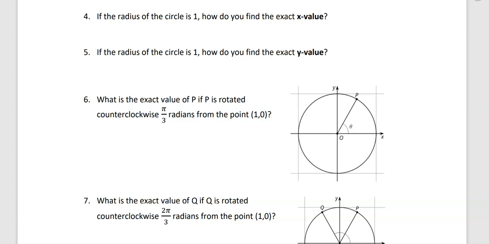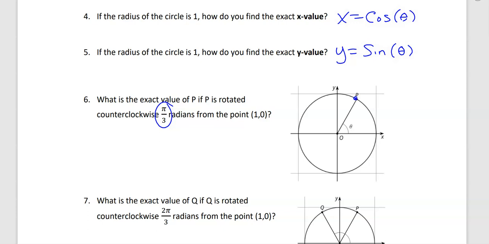All right, so for problem number 4, we've been talking about the fact that to get the exact x value, this is a cosine problem. So the cosine of our angle, whatever our angle is, in radians or degrees, but in this case radians, is going to give me the value of x. And for the y value, that's a sine function. So this is the angle measurement, that is theta.